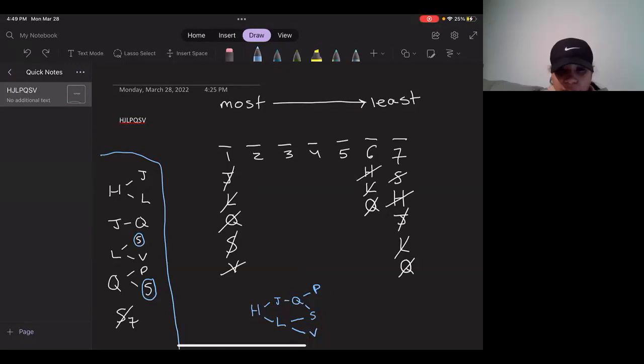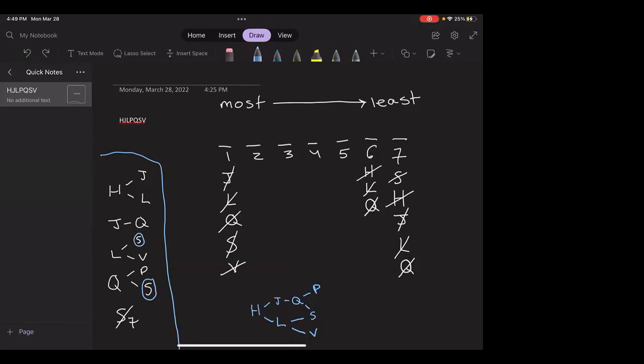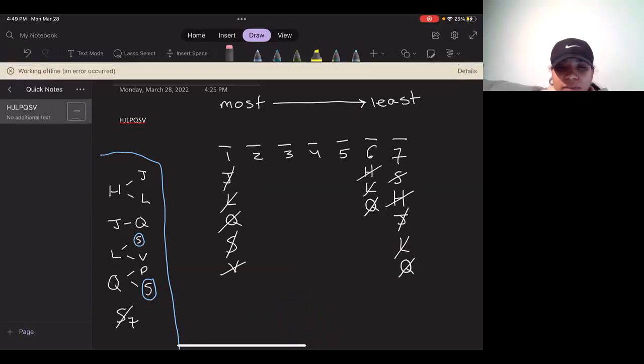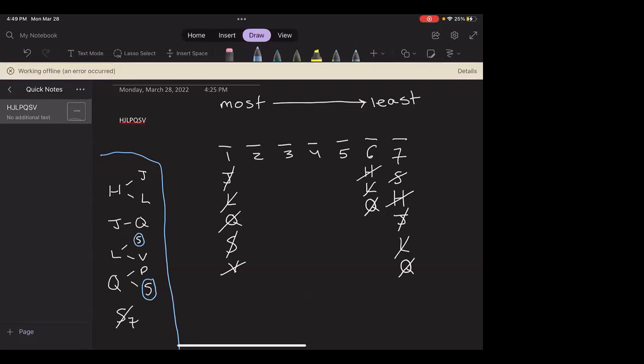Wait, so maybe I can't see, but where does V go? V is all the way at the bottom. So I don't know, oh yeah, I think it's my screen. Let me write this out real quick. So just hold what you have. I'm just going to make this a little bigger. Okay.